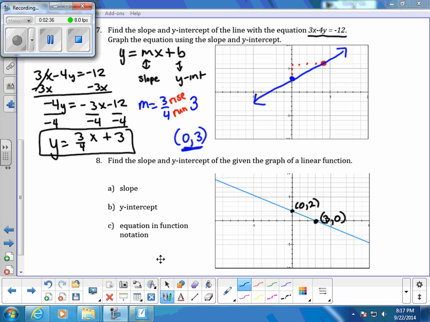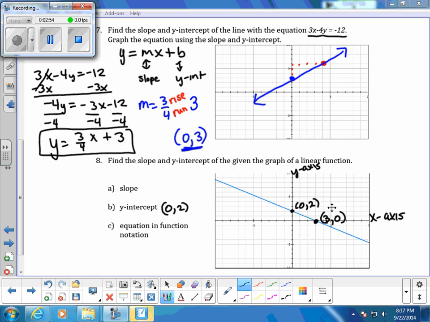This is my x-axis, recall, and this is my y-axis. So my y-intercept, where this line crosses the y-axis, is the ordered pair 0, 2.